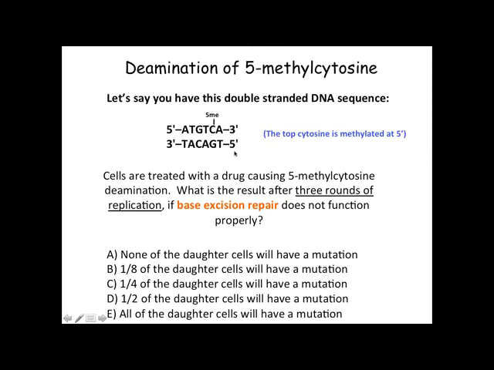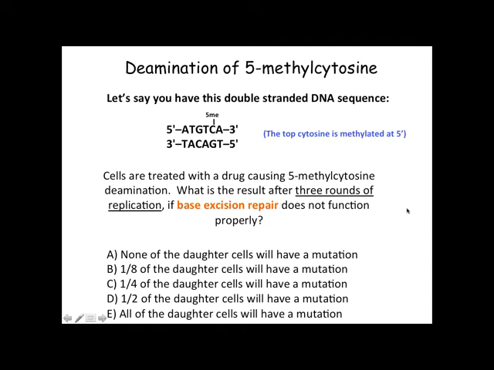So if you remember, think back to a few slides ago, what is the base that 5-methyl cytosine becomes when it is deaminated? Well, the base that it becomes is thymine. So loss of the amino group from the 5-methyl cytosine, this deamination, results in this becoming a thymine.